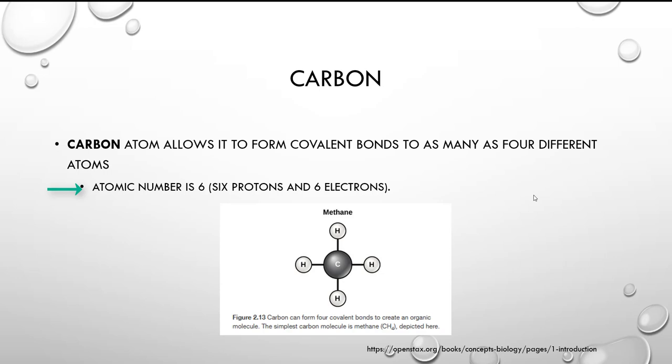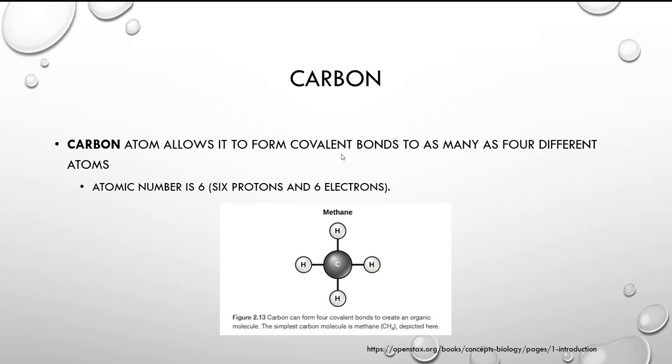If we drew our little electron shell, its first shell would have 2 electrons, and then its second shell would have 4. If it has 4 electrons, that means it either needs to gain 4 or lose 4, which is highly unlikely. So it's going to be forming 4 covalent bonds. It's going to basically want to form covalent bonds with as many as 4 different atoms.